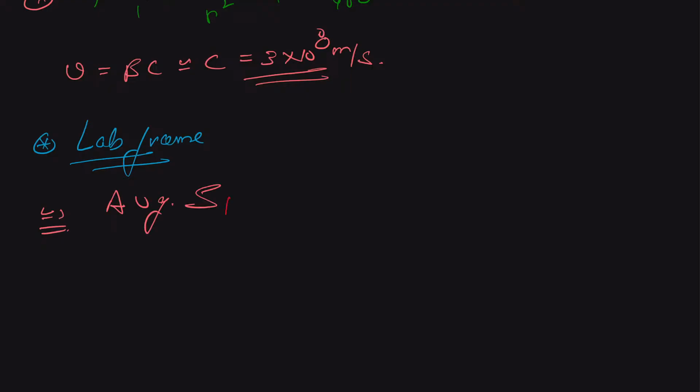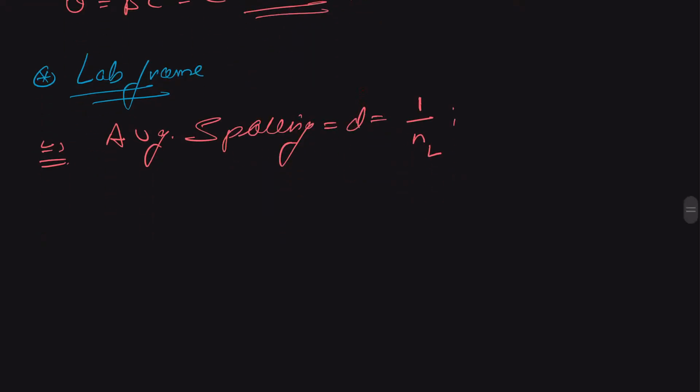So our average spacing is d equals 1 upon n_L, and this n_L is the number of electrons per meter, given as lambda upon e, where lambda is the charge per unit length.